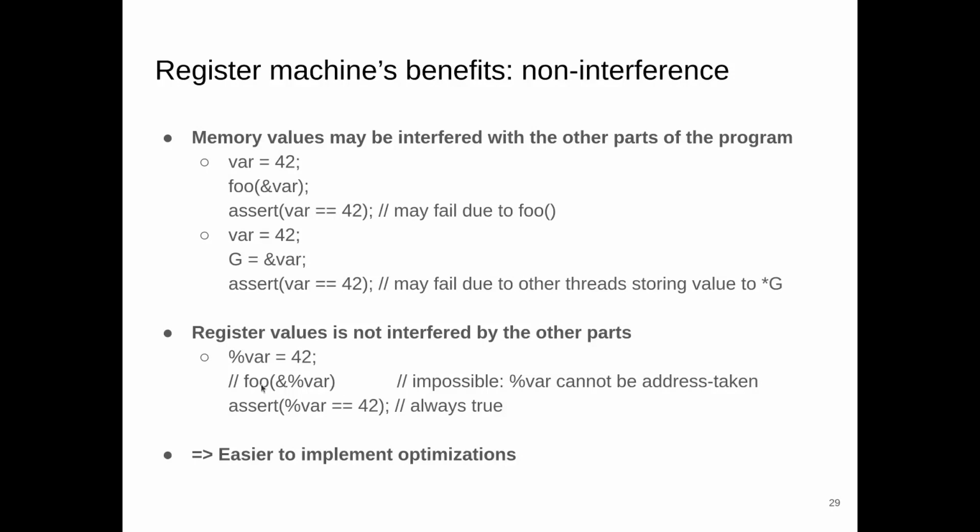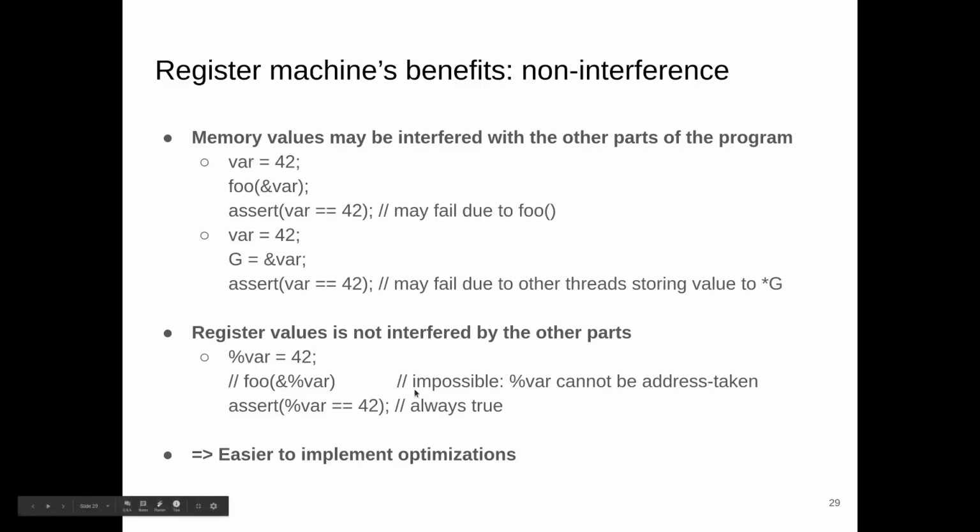As a result, if register $var is assigned 42, it should be 42 here in the assertion. It should always be true because of the impossibility of interference from other parts of the program. So that's the difference: the impossibility of interference. That's the reason why register values make it much easier to implement optimizations.